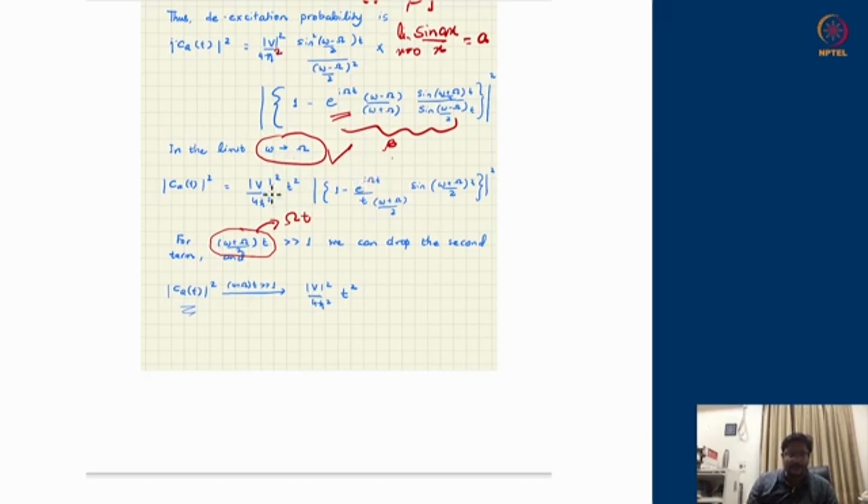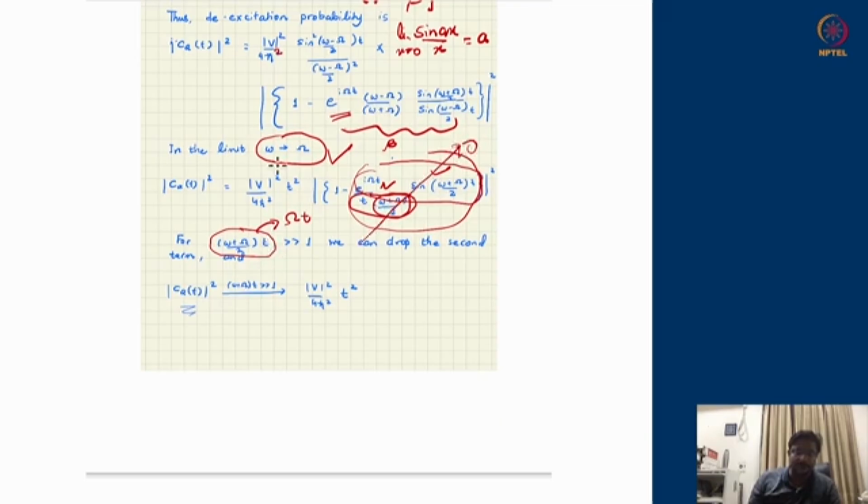In the limit omega t much greater than 1, you can see this number becomes much larger than 1, while in the numerator everything is bounded by value 1. This product of e to the power i omega t and sine of omega plus capital omega by 2 t can never exceed value 1. So the denominator becomes very large, the numerator remains at 1, so I can neglect the second term completely. So this can be ignored.